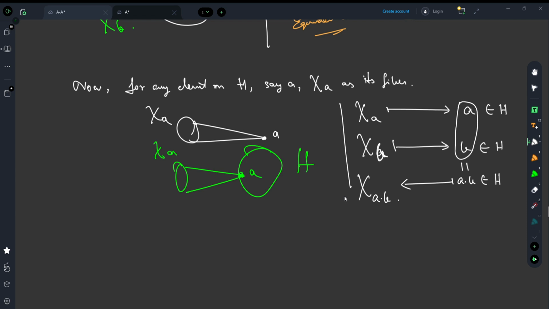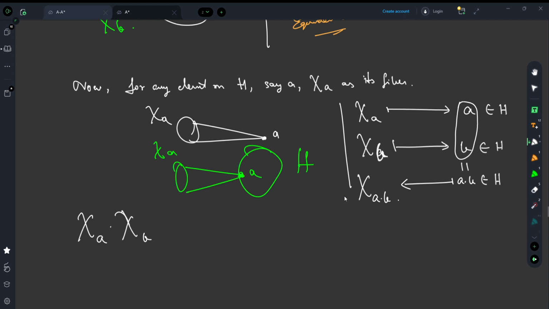So in a way, using the operation in H, we have defined an operation for the fibers in G, right? If you start with a fiber over A of phi, you compose it with the fiber over B of phi. So what are we actually doing?